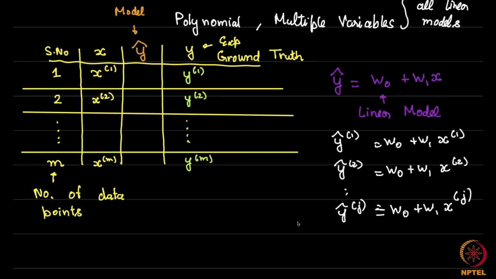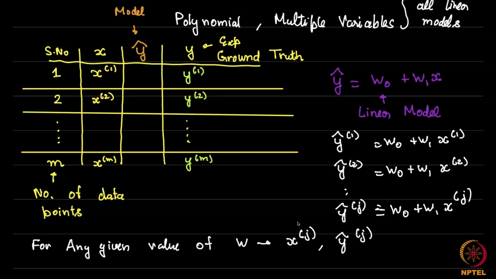So once we use this, for any given value of W, given xj, you can find out y hat j.